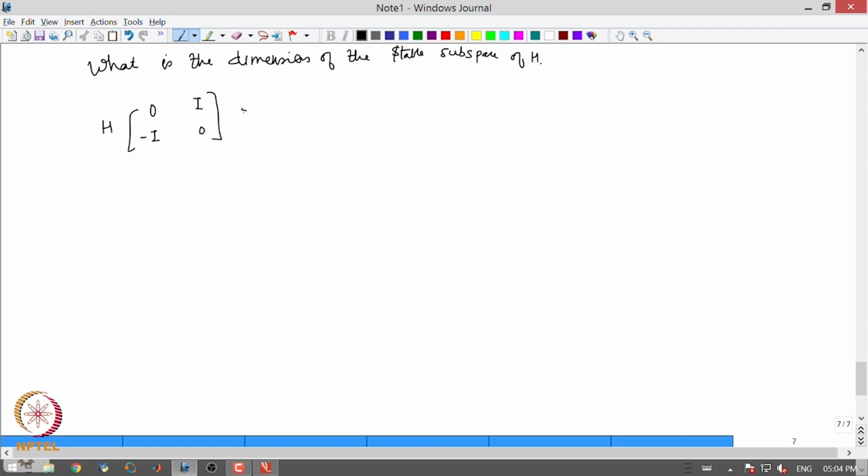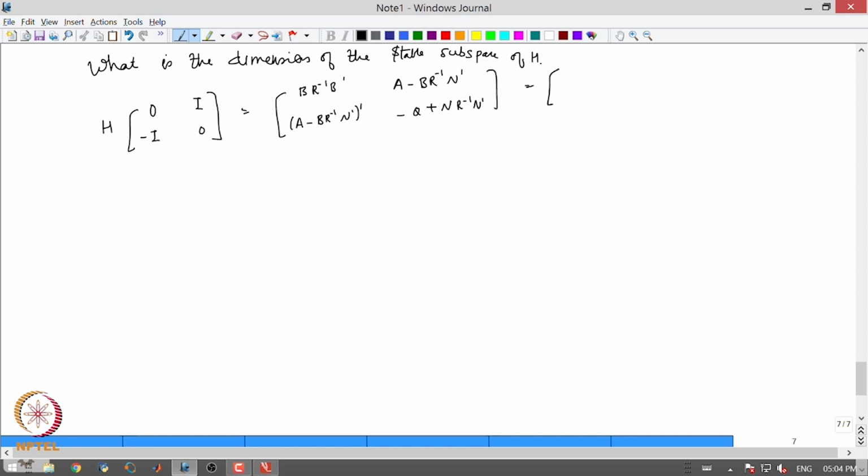So, this will give me B R inverse B transpose, A minus B R inverse N transpose, A minus B R inverse N transpose the whole transpose, minus Q plus N R inverse N transpose.